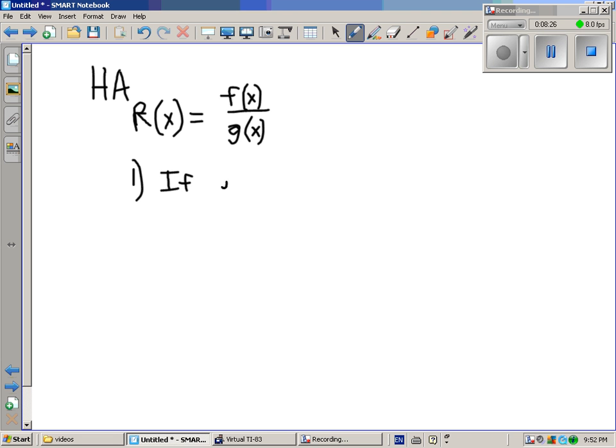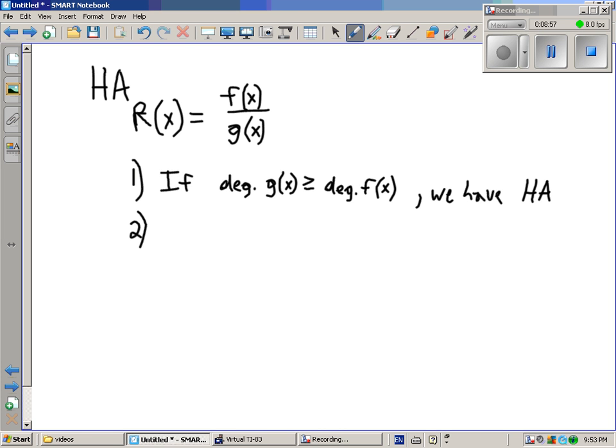If the degree of g of x is greater than or equal to the degree of f of x, so if you have bigger powers of x on the bottom than on the top, then we have a horizontal asymptote. If it's less than, we got something completely different. So make sure that you do that test beforehand.